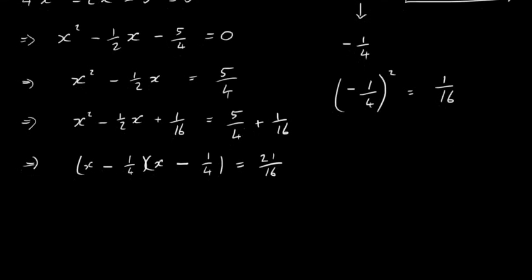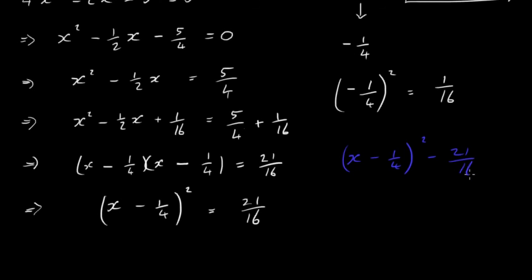Okay, so almost there. We have ended up with x minus a quarter squared equals 21 over 16. Or if you want to write it as x minus 1 over 4 squared minus 21 over 16 equals 0. This is your completed square form here, or this here if you like.